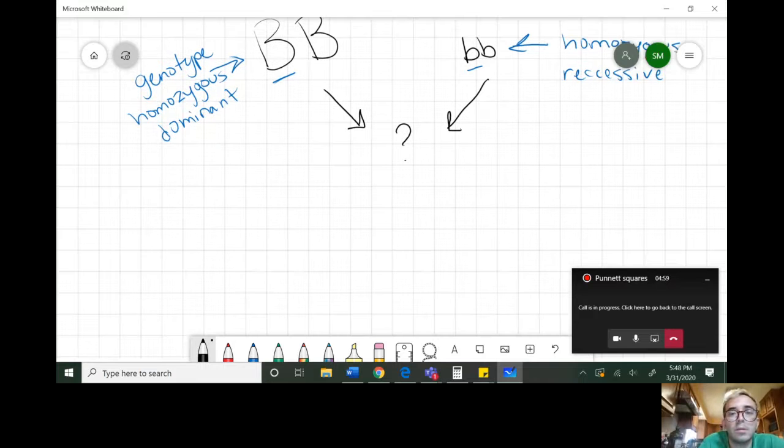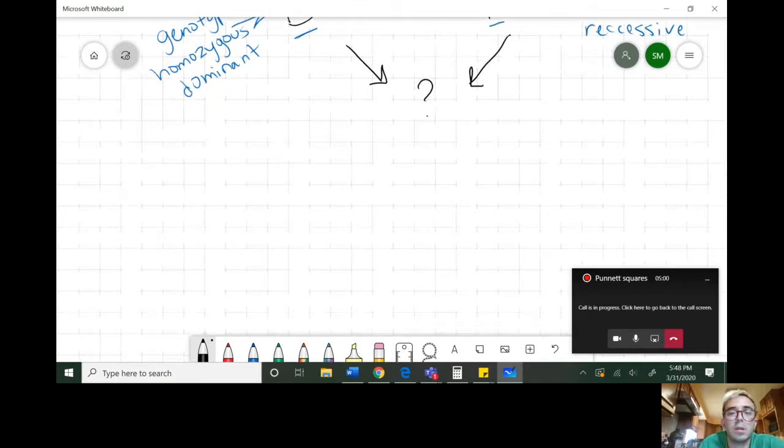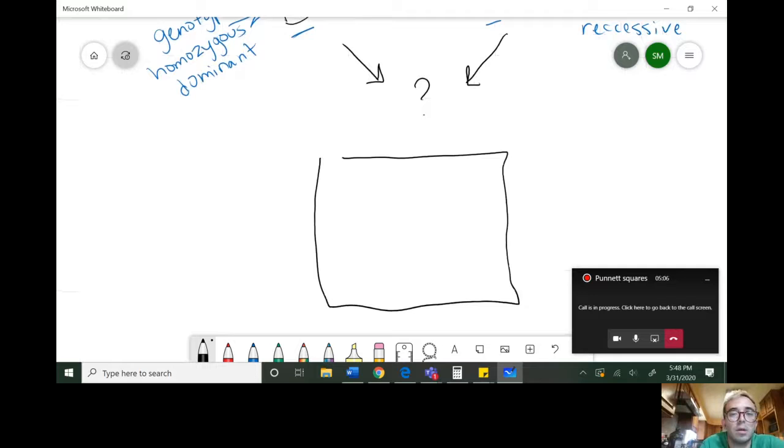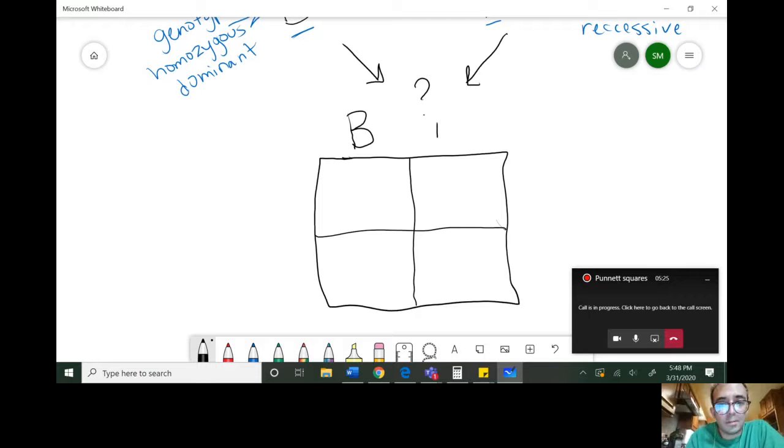So what we do is make a Punnett square. And to do that, you build a square, put little crosses through. It's a window. We're looking into what these parents produce. So I like to put all of my capitals on top. You may have seen something like this in your math class.